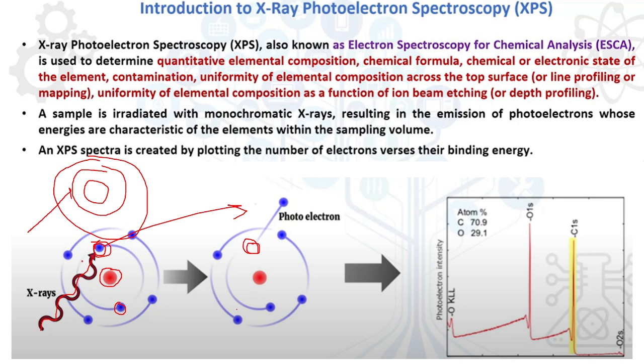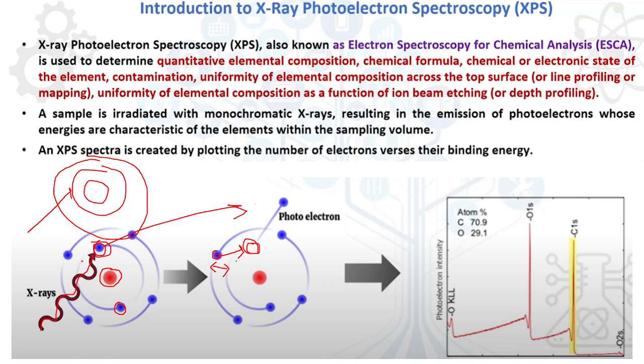So there must be another electron just outside that 1s, let's say this one. Now it is coming here to fill up the vacancy. It is a higher energy orbital, so when it comes here, the excess energy, the gap between the two, will be released, and that excess energy can be released as X-ray.